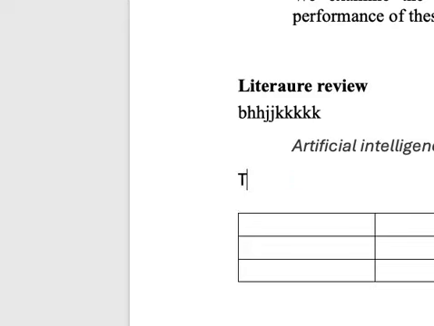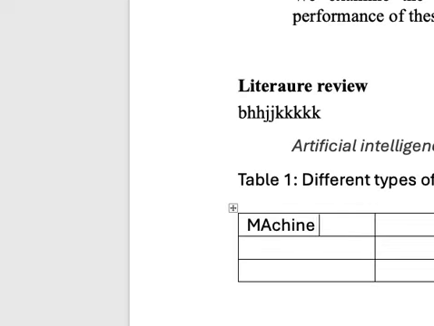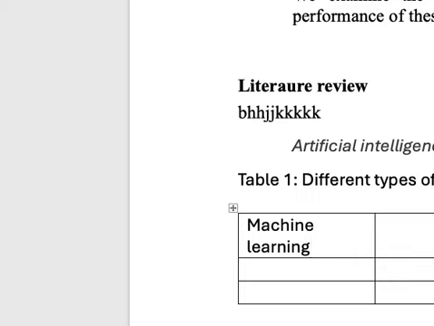For example, table 1, maybe table 1 is the different types of AI tools, artificial intelligence tools. So maybe here we have machine learning, we have maybe deep learning. Maybe this table is describing something.